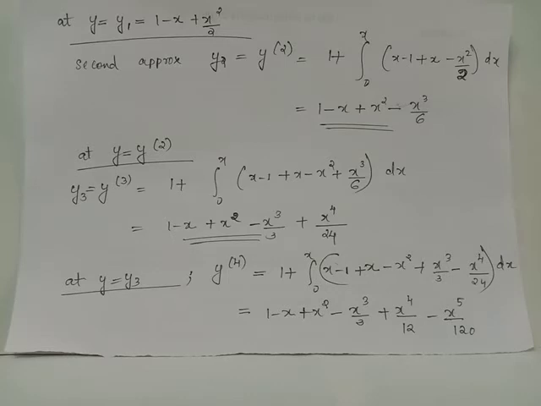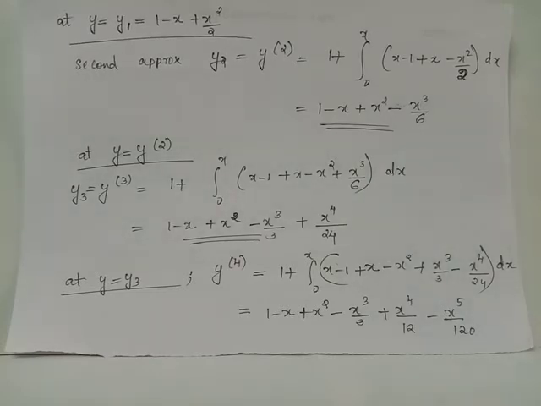The second approximation y2 will help us find the third approximation y3. We have y3 = 1 + integral from 0 to x of (x - y2) dx, where y2 is this function. After usual integration, we get y3 equals this function. This expression will help us find y4.